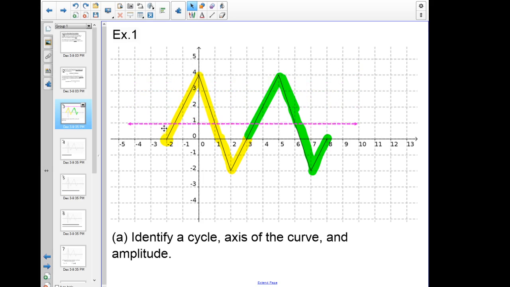And you can probably see quite easily, where am I going to be where I'm halfway between the maximum and the minimum. And you could just try out some, and you very quickly will settle on this value, which is y equals 1. And so there's my axis of the curve. The axis of the curve is y equals 1.